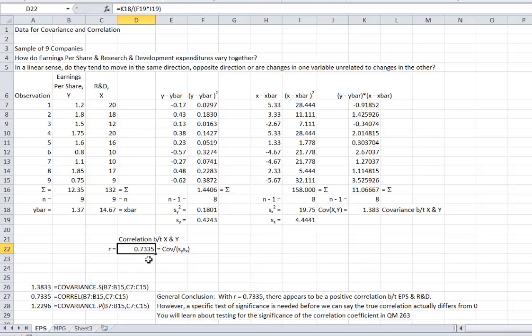Well, if you recall, correlation can range from -1 to +1. If you get anything outside of that range, something's wrong. And so 0.7337, it's indicating some positive relationship there. But until we get into tests of significance for this particular parameter, correlation, then we really don't know that it's significantly different from 0.